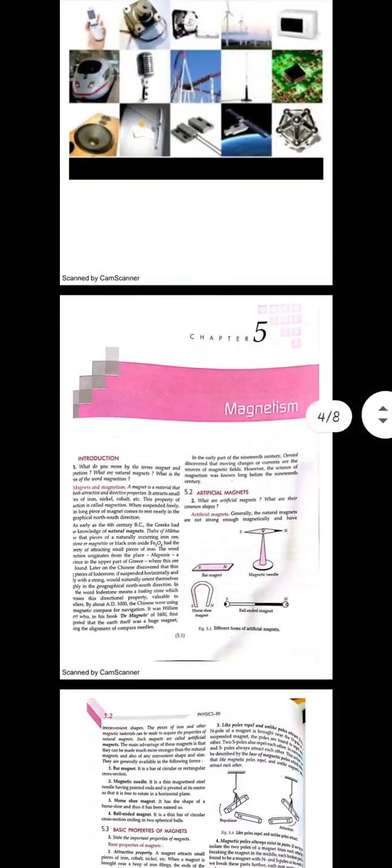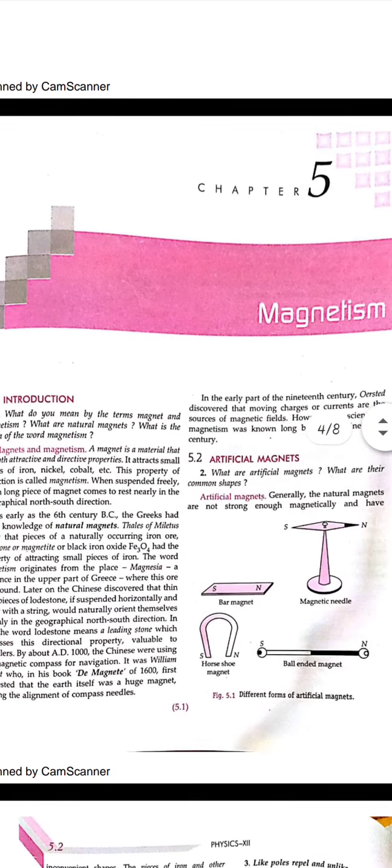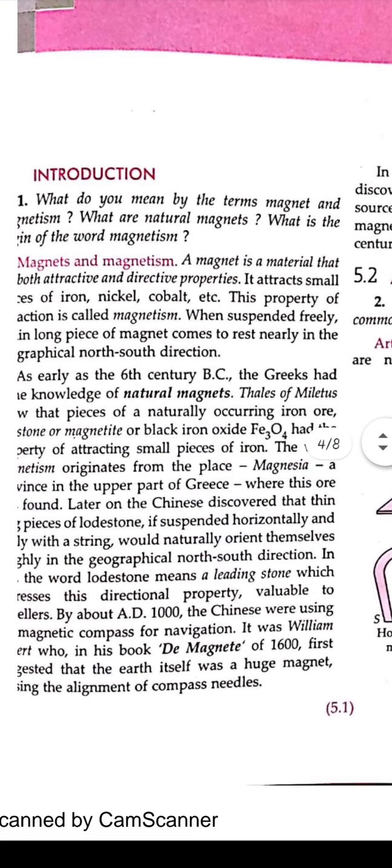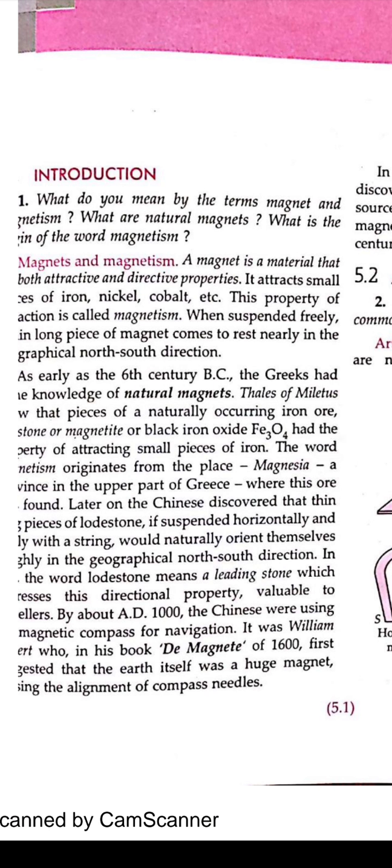So here we are going through the intro and the types of magnets, that is, what magnets are. Before going to the intro, we know that a magnet is a material that has a property to attract, right? It attracts some objects made of iron, cobalt, nickel, etc. So magnets have the property of attraction.